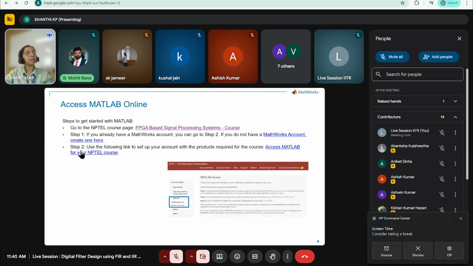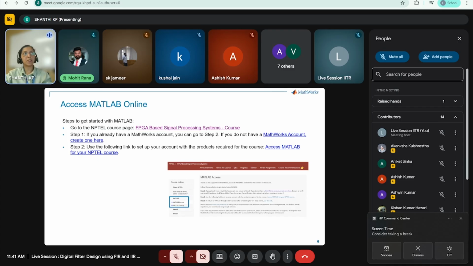Here you can find on the left an option called MATLAB, where you can see two options, MATLAB Access and MATLAB Training. If you click on MATLAB Access, you will find instructions to get started with MATLAB Online for this course.